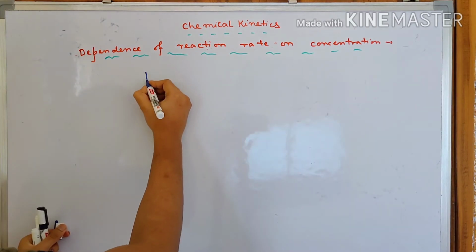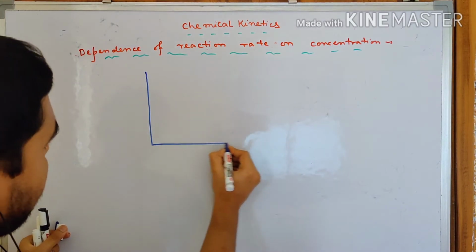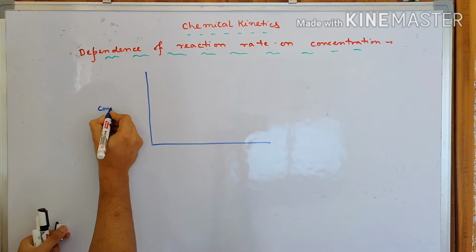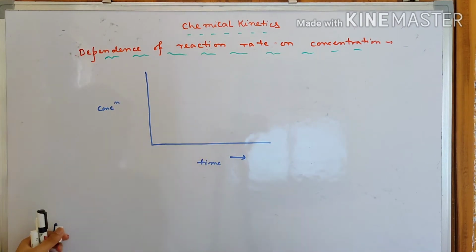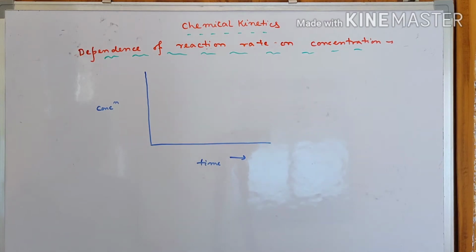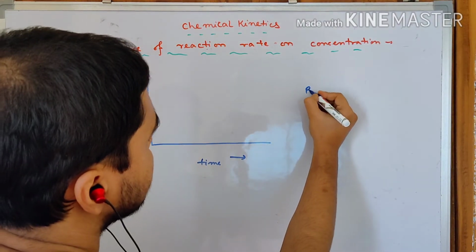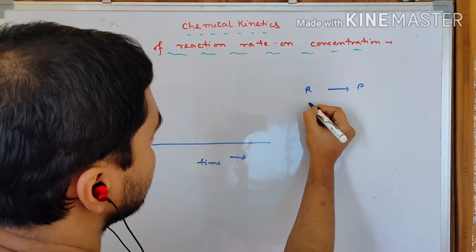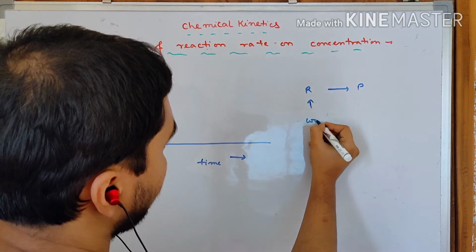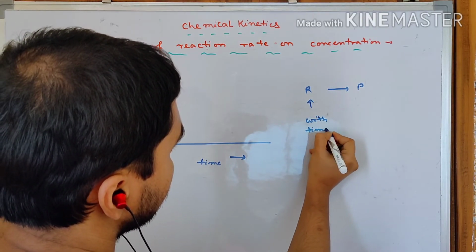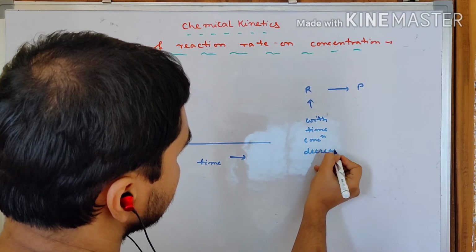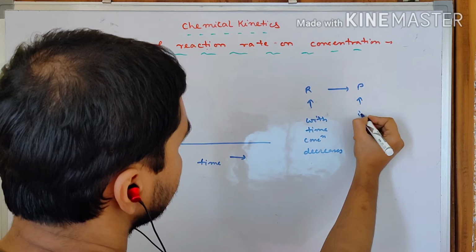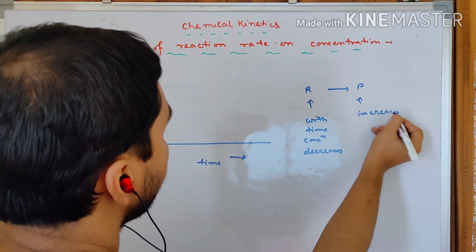Suppose it's a concentration versus time graph. So suppose R is giving rise to P. So with time, what happens? With time, the concentration of this decreases and here it increases.